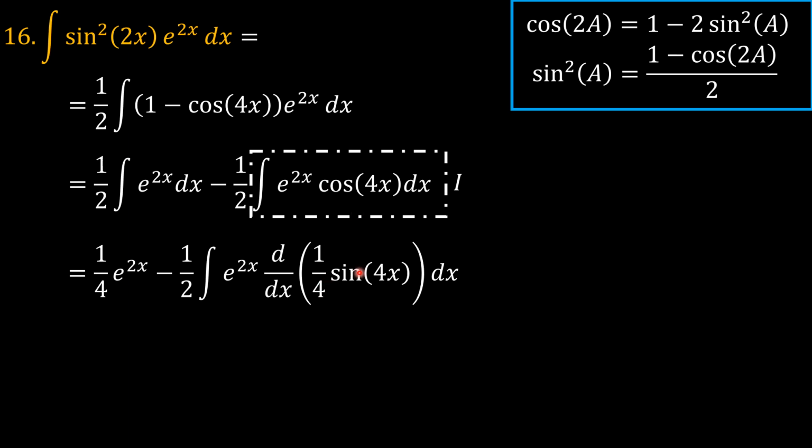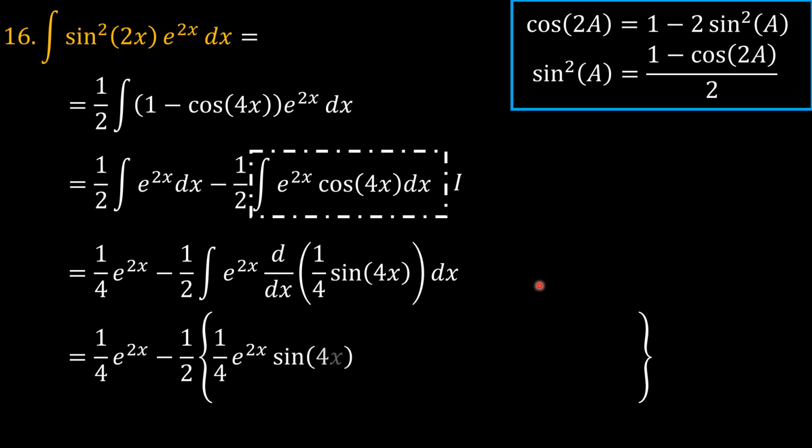So that comes from cosine 4x here, so that now I can use integration by parts, saying that if I have a product of v and du, and I integrate that, I have uv minus the integral of u dv.